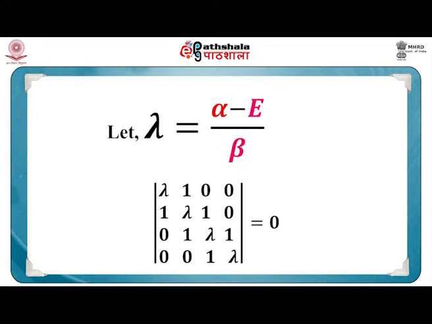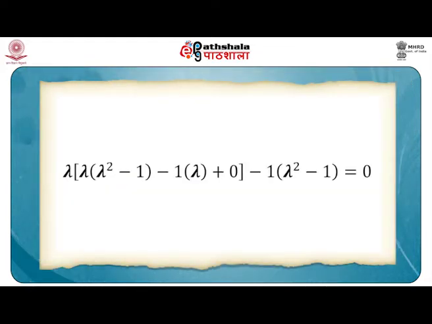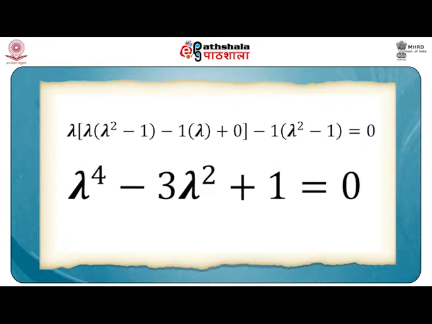This Huckel determinant, as we have seen, is quite simple, and it can be very easily expanded and solved. After expansion, we get lambda to the power 4 minus 3 lambda square plus 1 equal to 0.